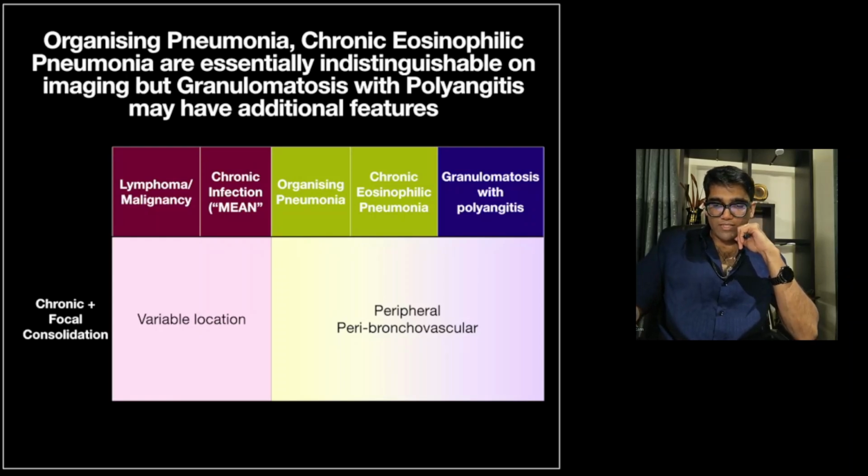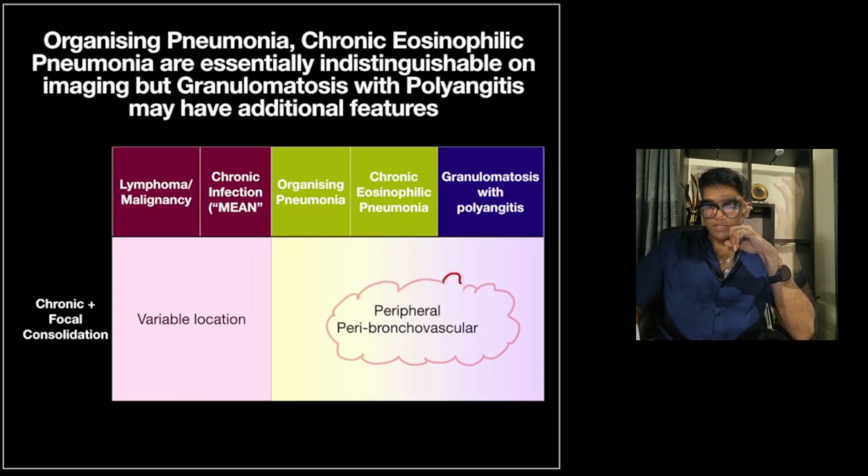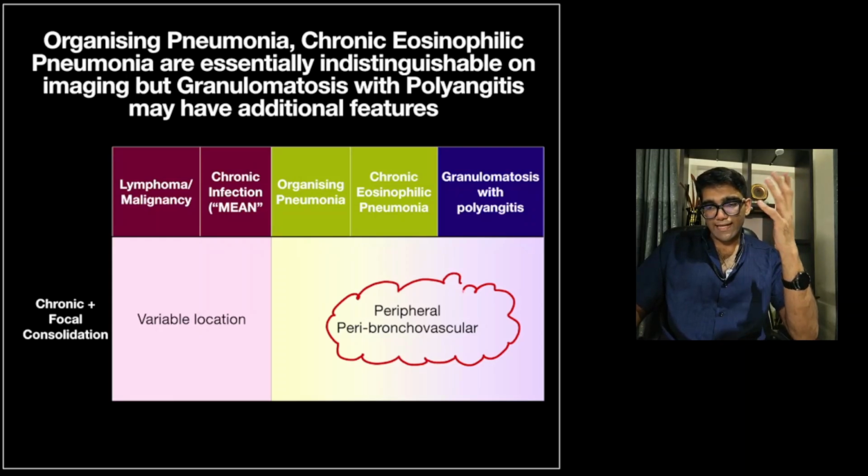So what we do is we first look at one thing: we must understand that infections and malignancies don't usually show a peripheral or peribronchiovascular distribution. That is something that must apprise us to the likelihood of an alternative explanation for this particular pathology.